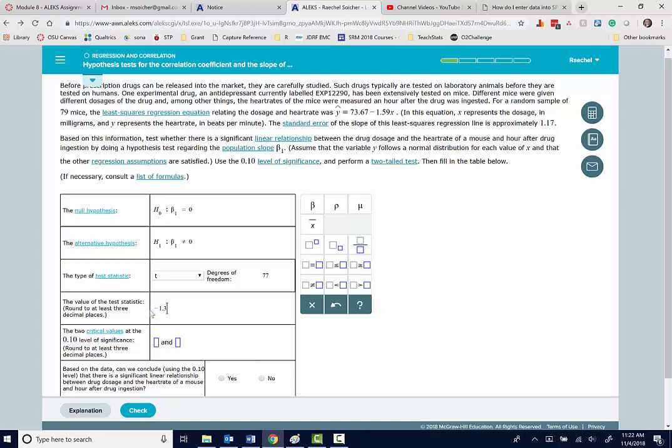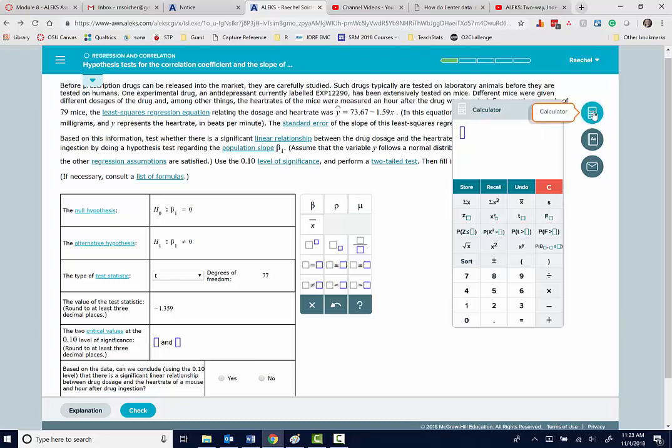Then we are asked to find the 2 critical values at the 0.1 level of significance. We do this just the same way we would for a t-test. We want to find t, and remember that we have to divide the level of significance by 2, so t of 0.05 on 77 degrees of freedom, because this is a two-tailed test.